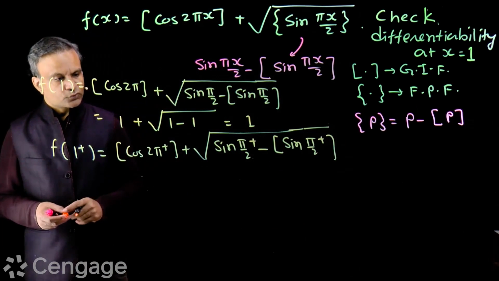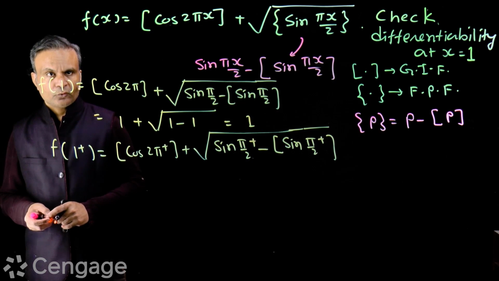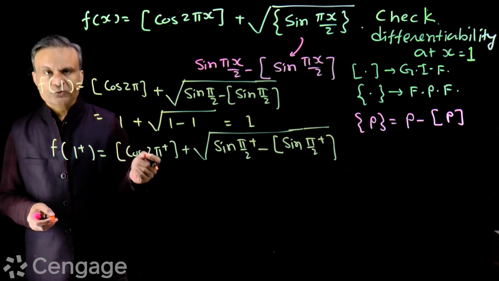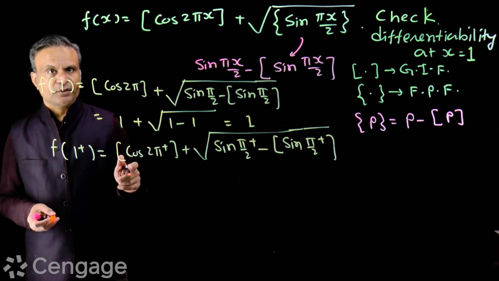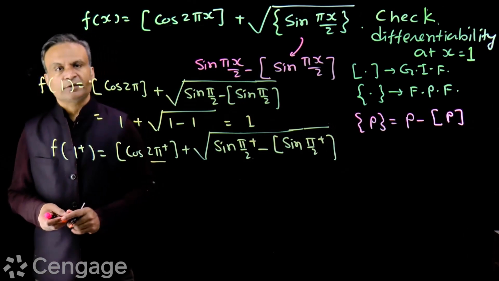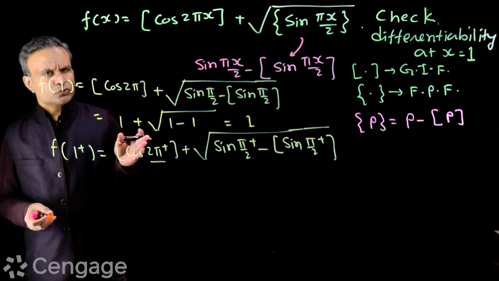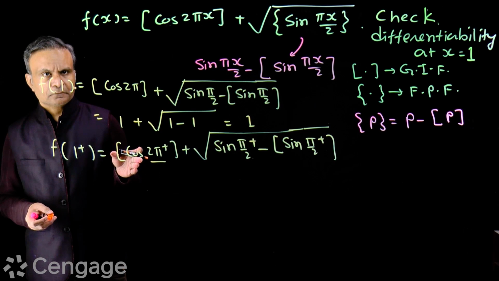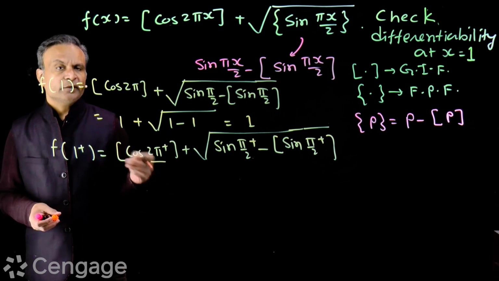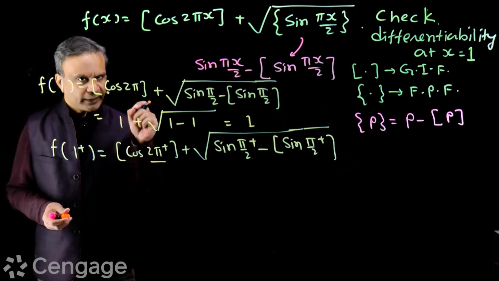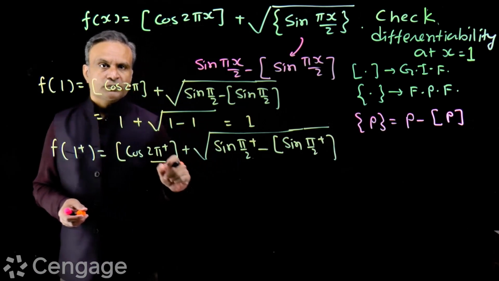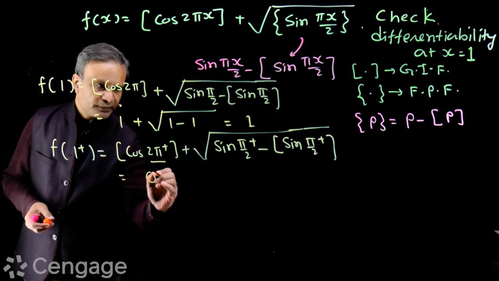What will be the value of cos 2π+? The value will be close to 1 but less than 1. 2π+ means first quadrant. The angle is close to 2π but more than 2π, so the value of cos will be slightly less than 1. So its greatest integer will be 0.